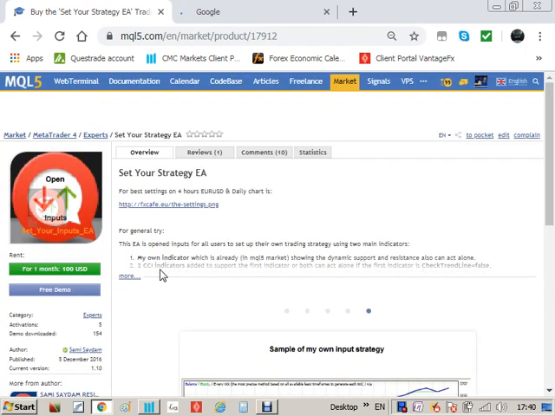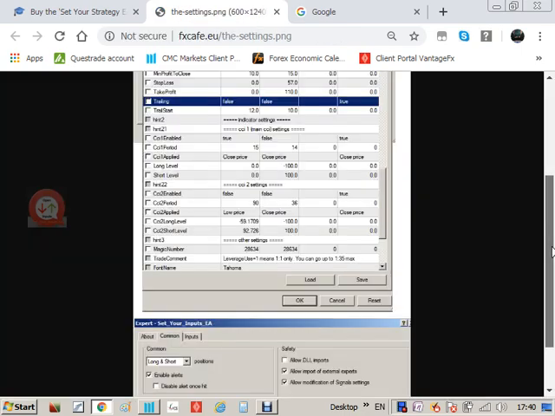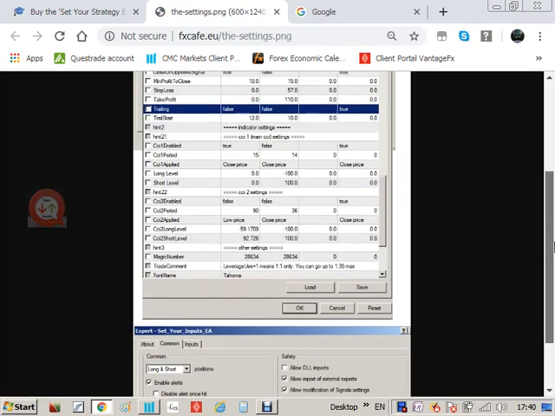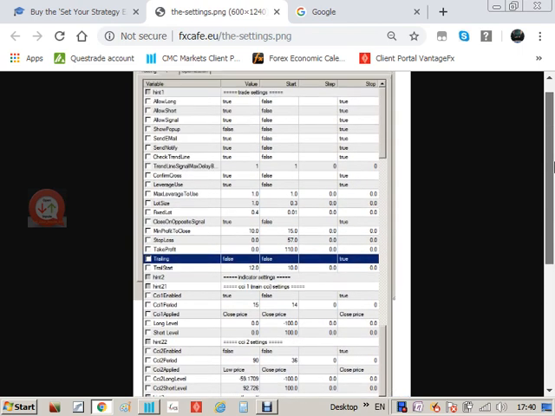But of course, I added for your signal here a link with the file. You click on it, and it will direct you to a page with the settings here. So you don't need to call me for the settings. As you see here, the settings.